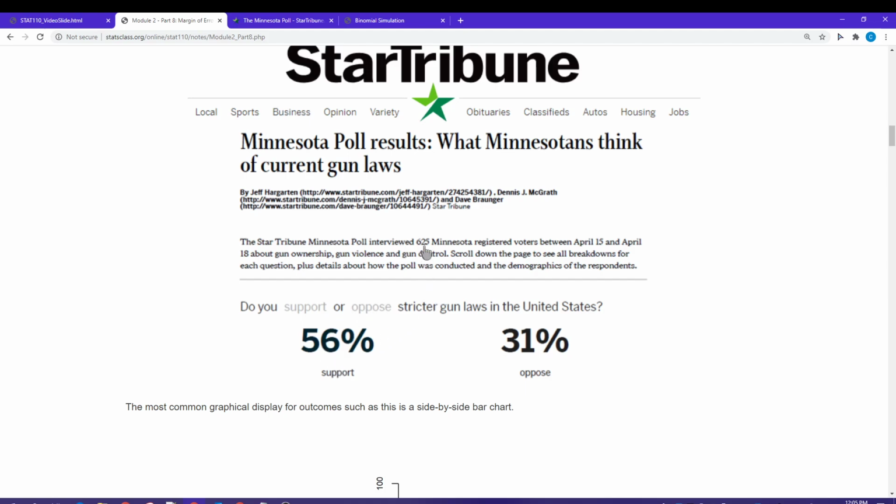If I want to expand my scope of inference beyond these 625 people and talk about Minnesota registered voters in general, then that's where I would use the margin of error. The proportion of Minnesota registered voters in general could go as high as 59.9%, or it could go as low as 52.1%. That's what that margin of error is communicating.